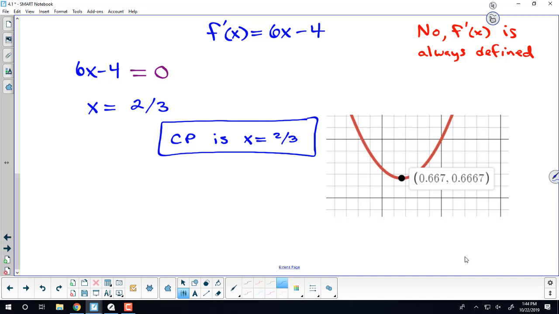We do see in this instance that our critical point does actually correspond to a local minimum, but we won't know for sure until the next section.